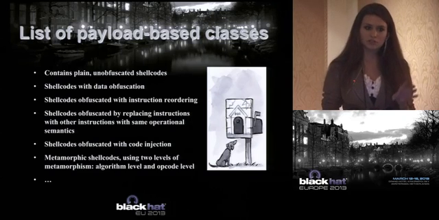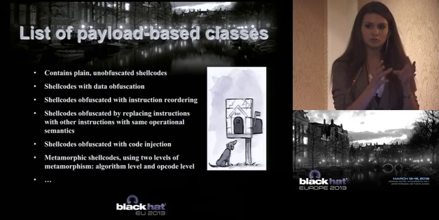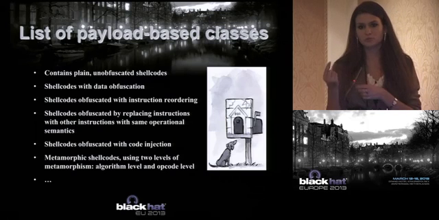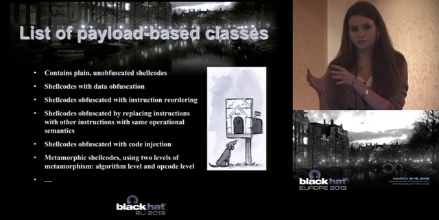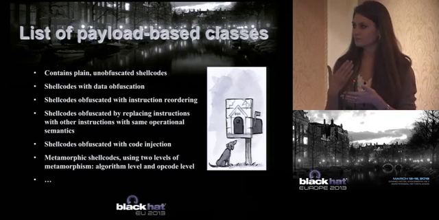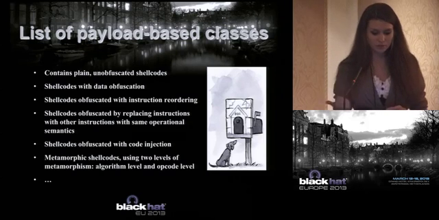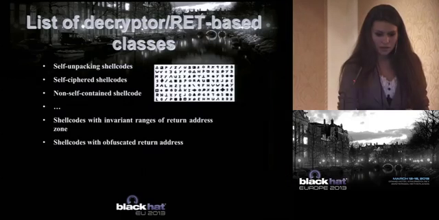While in polymorphic shellcodes we have a strict kernel of the program and do some obfuscation on that kernel, in metamorphic shellcodes we first change the kernel of the program, and after that we can apply some polymorphic modification. So we have two levels of obfuscation.